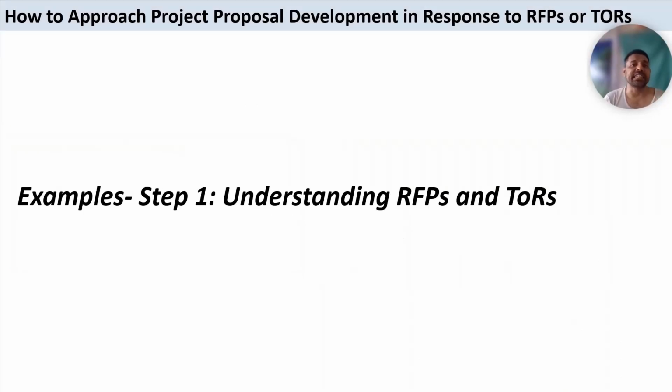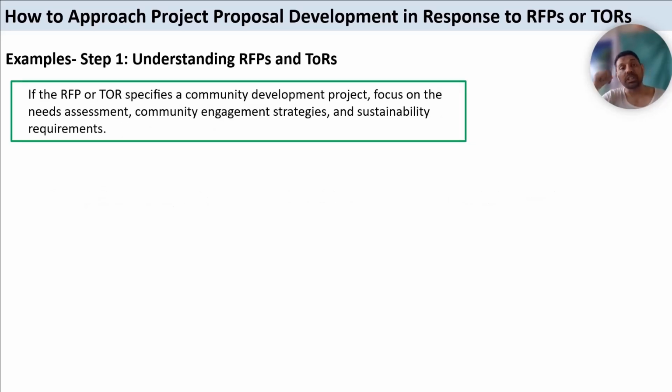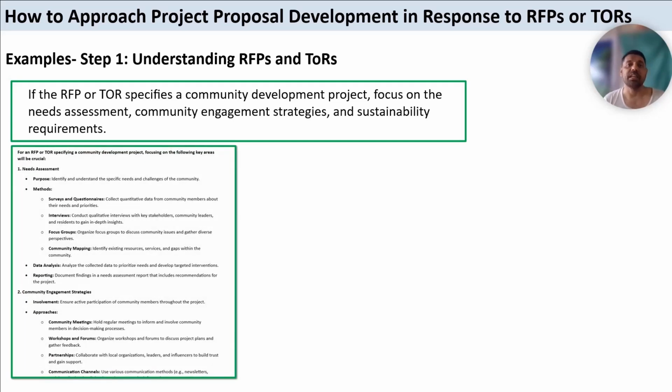Now let's discuss some examples for this step. If the request for proposal or ToR specifies a community development project or any other project, we need to focus on the needs assessment, community engagement strategies, and sustainability requirements.